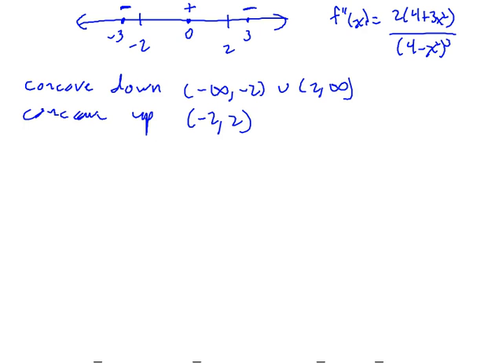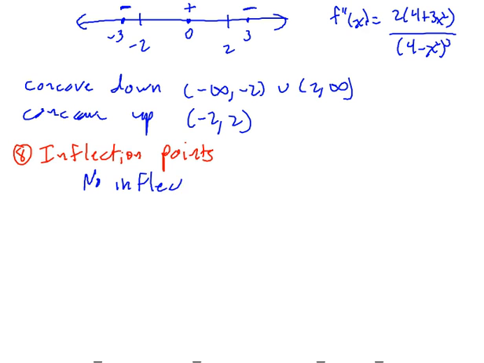Now, even though the concavity does change at negative 2 and 2, that does not mean we have inflection points at those values because, as you recall from the very beginning, our domain does not even include negative 2 and 2. So it changes concavity at those values, but the graph does not even exist at those two values. So there are no inflection points on the graph.